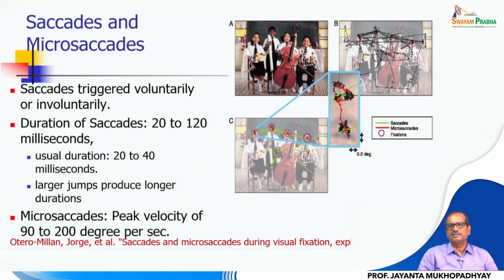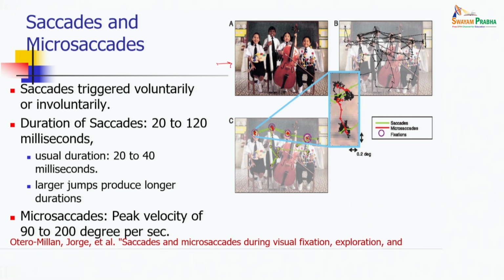Some examples of these movements are shown with respect to one particular image. You can see that this is the image which a viewer is viewing, and most of the fixation points are on the faces. These are the fixation points, and there are transitions from them to other smaller fixation areas. So it depends on how long you remain at a point.